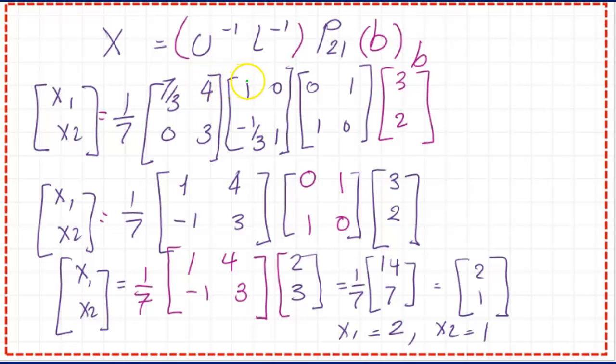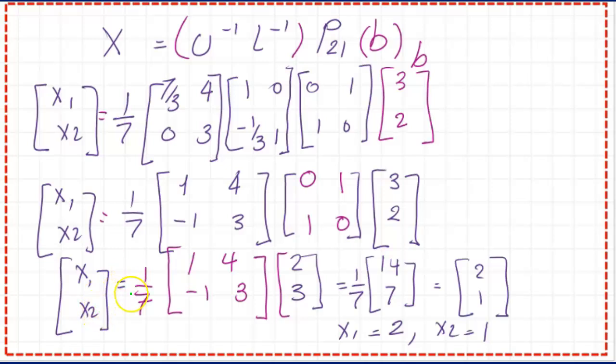Seven over 3 by 1 plus 4 by minus 1 over 3, we have 1. 7 over 3 by 0 plus 4 by 1 equal to 4. 0 by 1 plus 3 multiplied by minus 1 over 3 will give us minus 1. 0 by 0 plus 3 by 1 will give us 3.